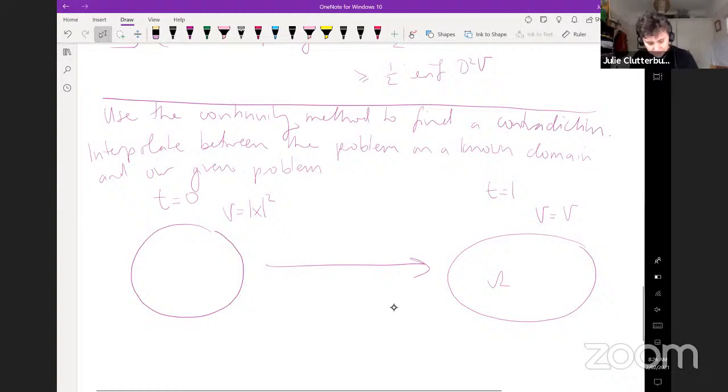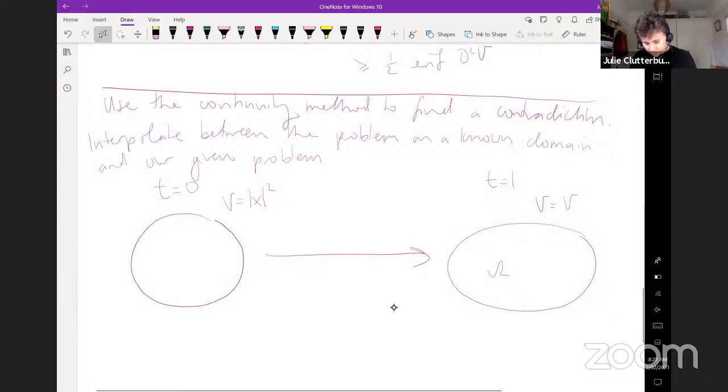Just call that V. And so we write down the problem: Laplacian of u_t plus V_t u_t is equal to lambda_t u_t on omega_t. So this will be omega 1 up here. Omega naught is equal to B_R.